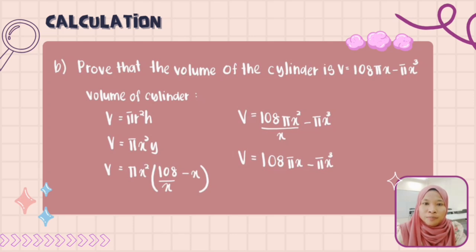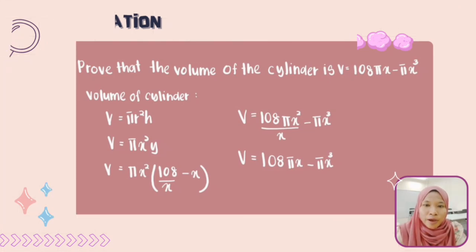We got from question A that y equal 108 over x minus x. After that, we can do multiplication of the equation. So V equal 108 pi x squared over x minus pi x cubed. Then, we can simplify the equation. So we got the answer V equal 108 pi x minus pi x cubed.